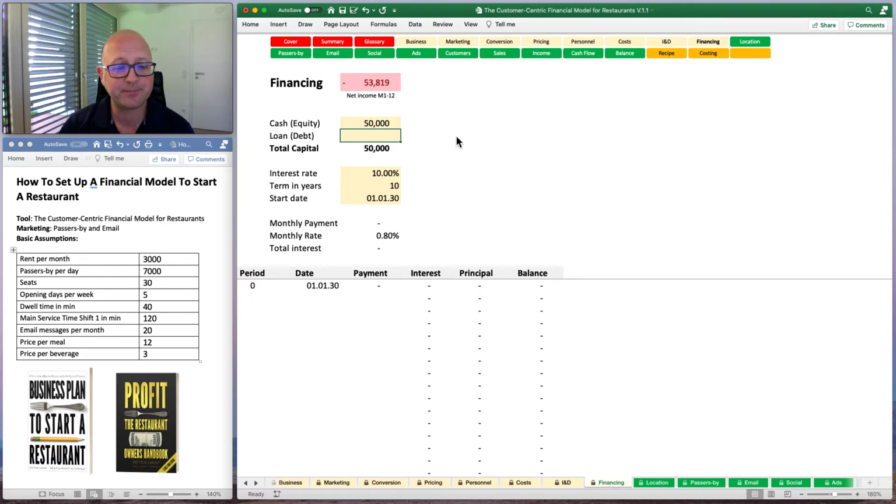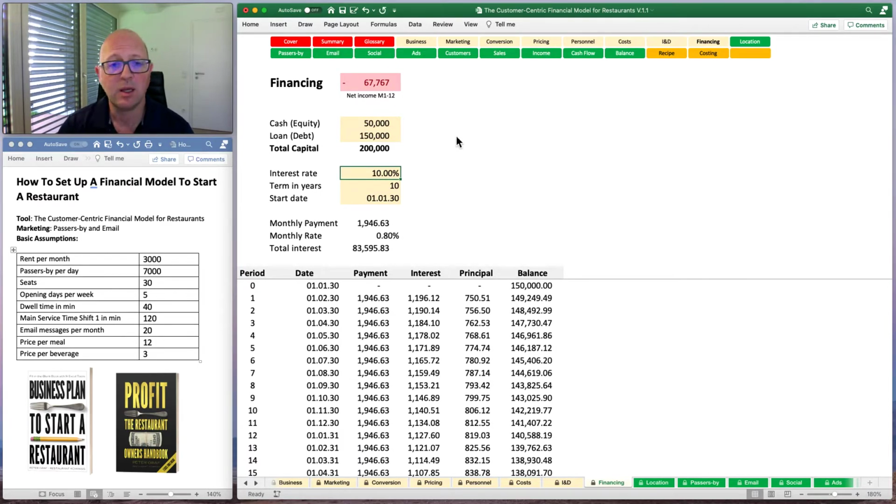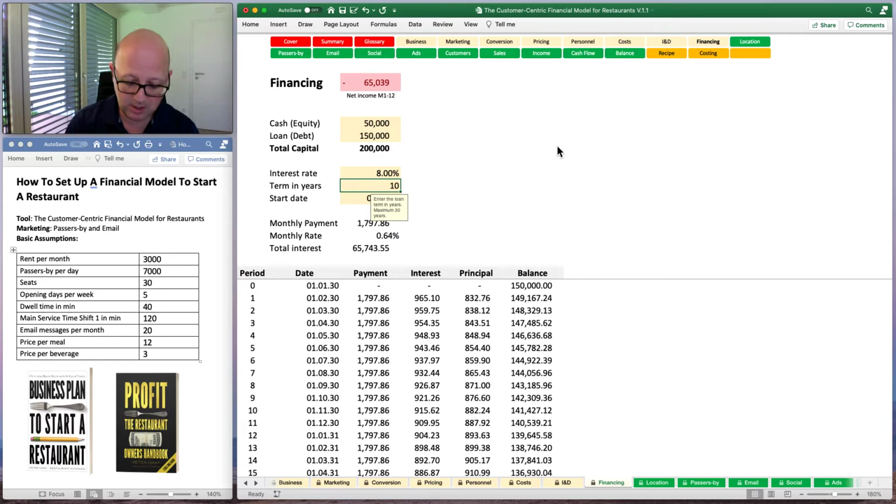And the next one is a loan. Maybe you want to take up a loan of, let's say, $150,000. Okay, so that would be a capital of $200,000. You can put in the interest rate, let's say 8%, and the term in years. How long are you going to pay it back?